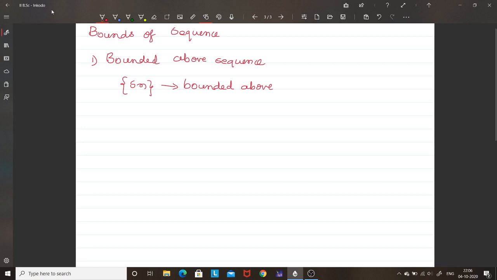A sequence is bounded above if there exists a real number, let me denote it by capital K, such that Sn is less than or equal to K for all n belongs to N.